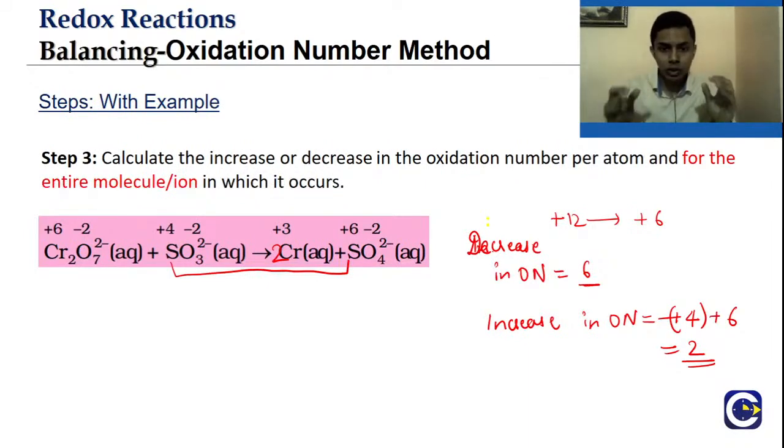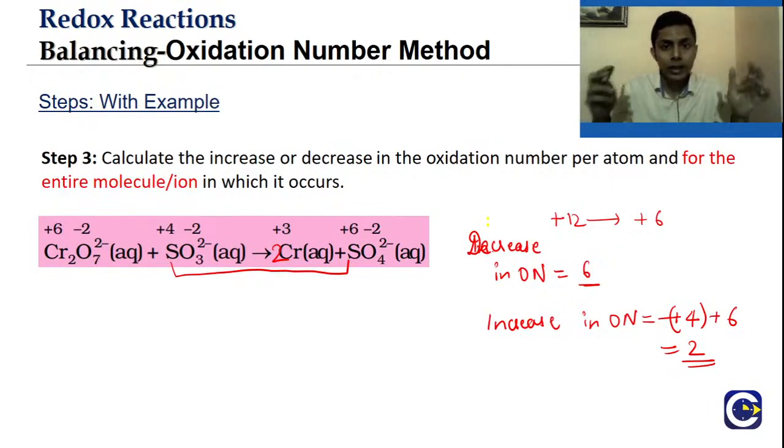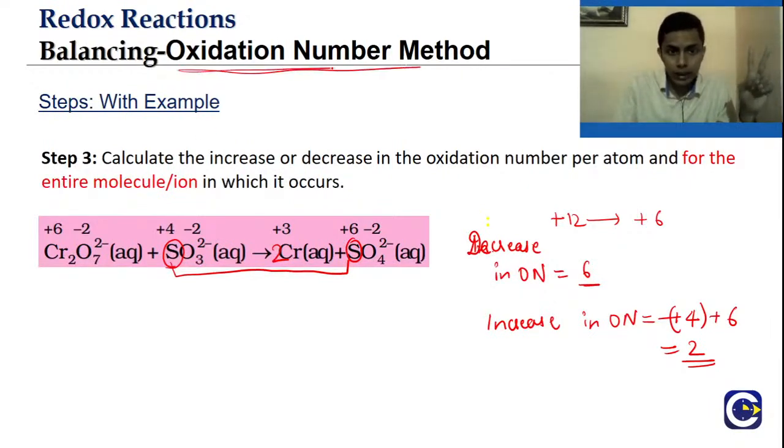Chromium is getting reduced, so the decrease in oxidation number is 6 for 2 atoms of chromium, and the increase in oxidation number of sulfur is 2. Because there is only one atom, I need not multiply it with 2. It is directly 6 minus 4, which is 2. But this oxidation number method says that we have to balance this as well as this.